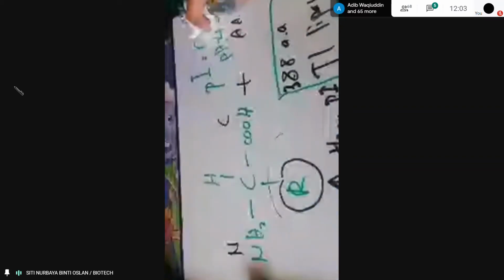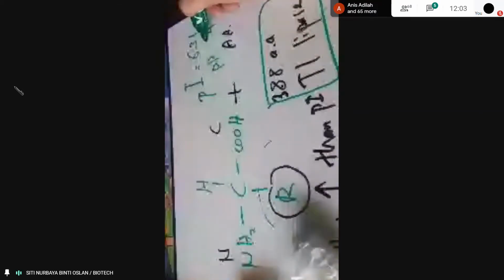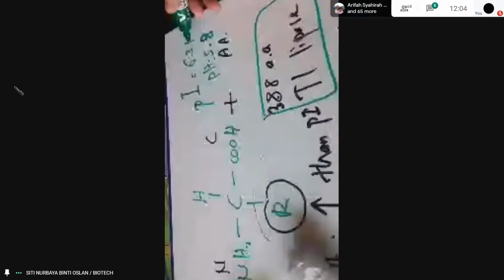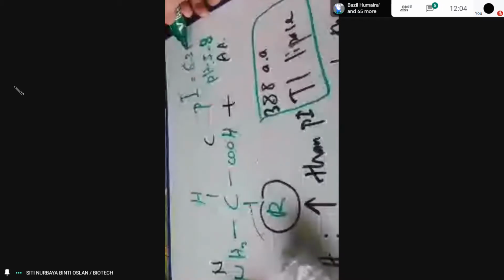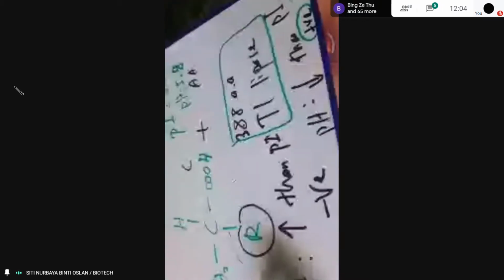As compared to if you use pH 5.8. 5.8 is still lesser than PI, pH lower than PI. It will give you a positively charged protein, but not as strong as the one we have here.